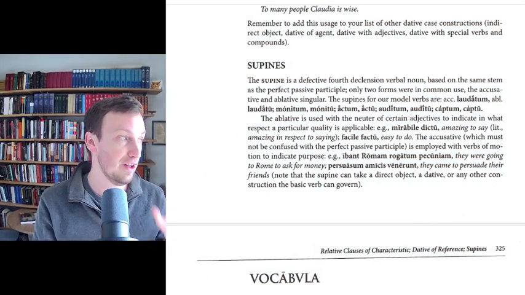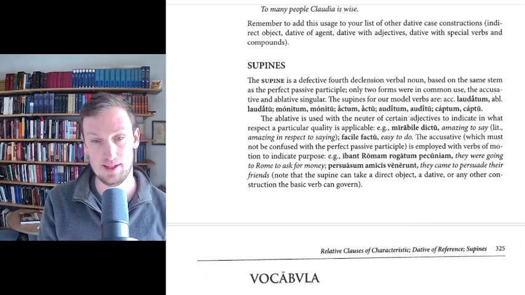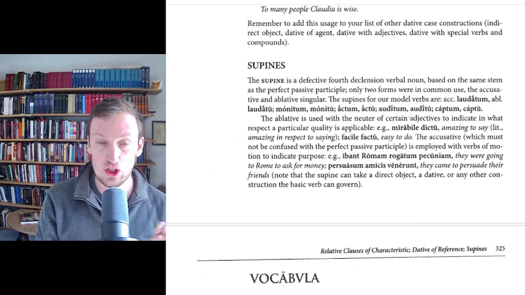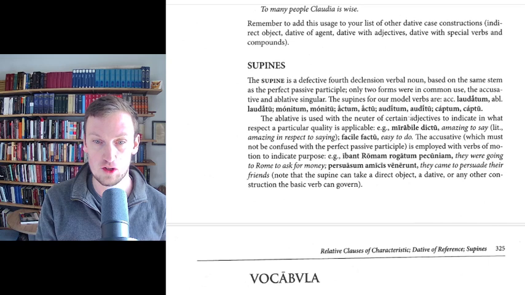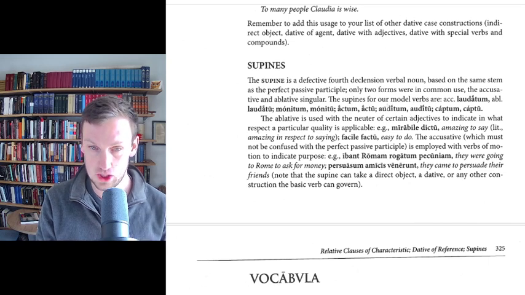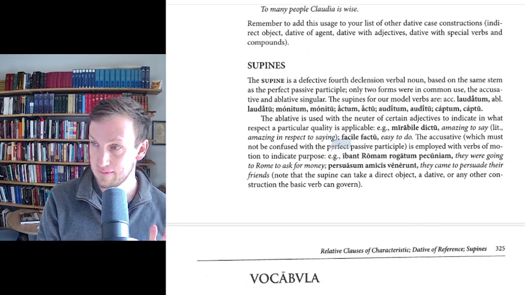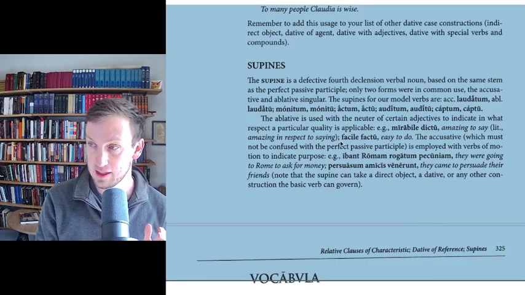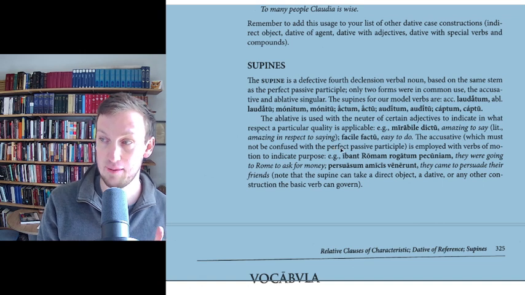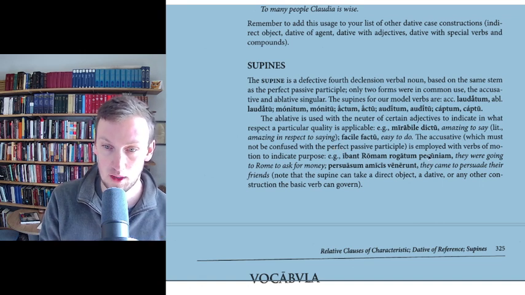The nice thing, though, is that kind of confusion shouldn't be possible because the accusative supine only appears with verbs of motion. Verbs of going. So ibant, used here, can't take a direct object. So you should not be tempted, neither can venerunt, right?